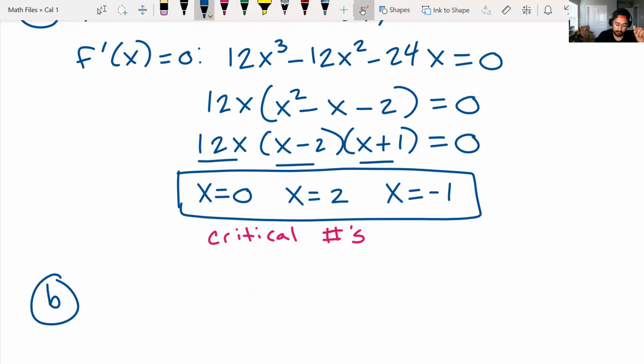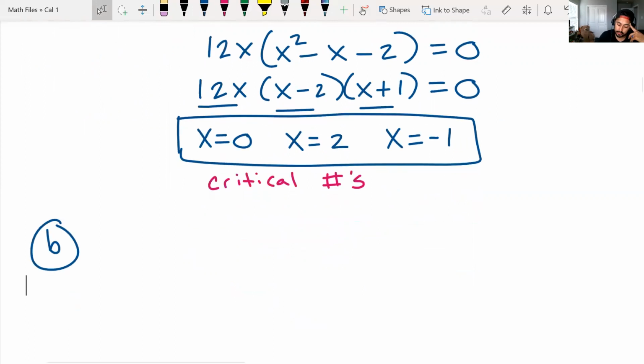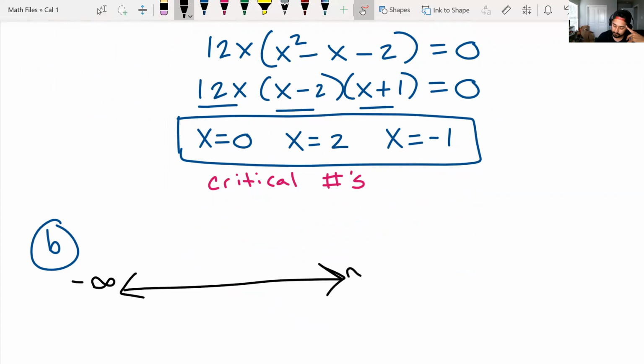Now, step B is create a sign chart. So step B, we'll put a sign chart down. This is from negative infinity to positive infinity, and I will plot my critical numbers: negative 1, 0, 2.